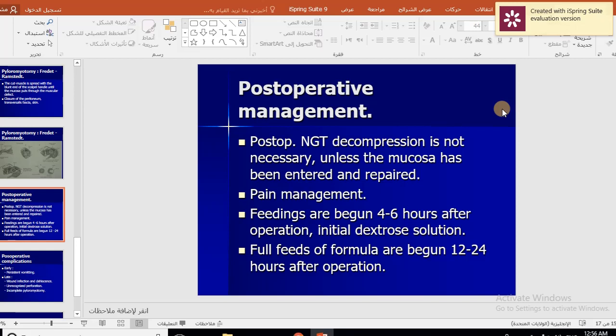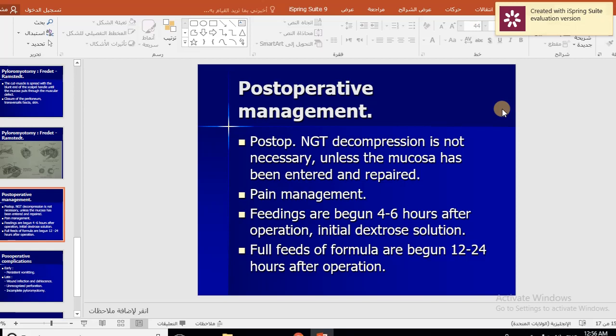Post-operative management. Post-operative nasogastric tube decompression is not necessary unless the mucosa has been entered and repaired. So if there is an iatrogenic injury of the mucosa, we should keep the nasogastric tube for at least 24 to 48 hours, but it is better not to injure the mucosa.